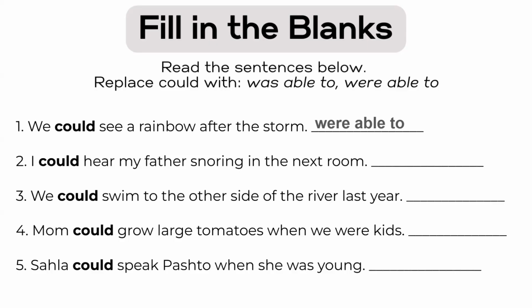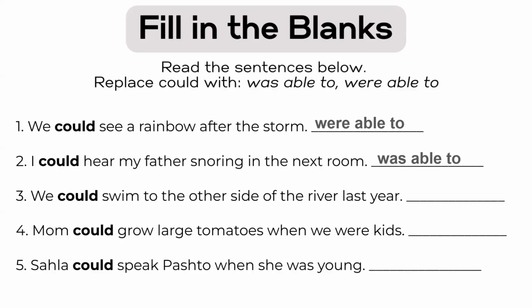Number 2, it says I, so that's going to be was able to. Let's read it. Number 2, I was able to hear my father snoring in the next room. If you don't know what snoring is, it's that noise people make when they sleep sometimes, like that.